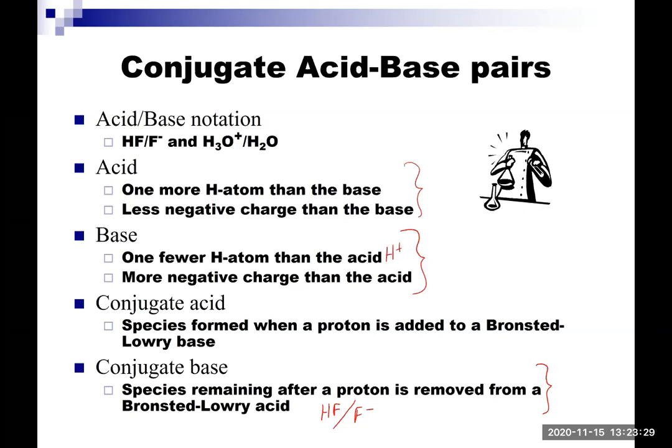If we look at this definition of a conjugate acid, it's the species formed when a proton is added to a Bronsted-Lowry base. So if we look at F minus as our Bronsted-Lowry base, and we add a proton to that, then we have HF. We added an H plus. The positive and negative charges neutralized each other, and so we end up with HF as a neutral compound, hydrofluoric acid.